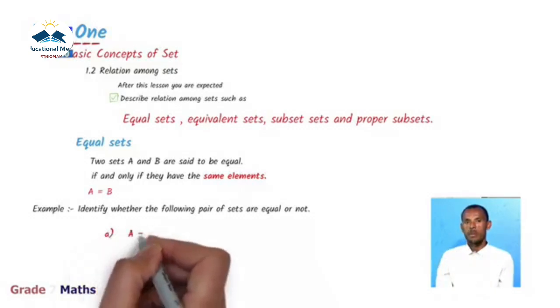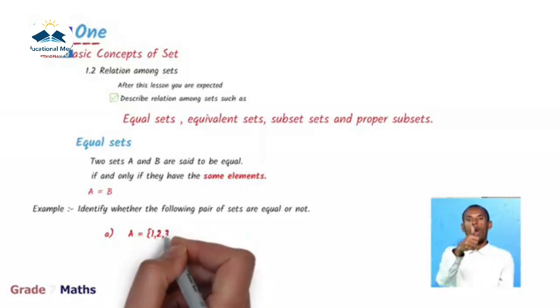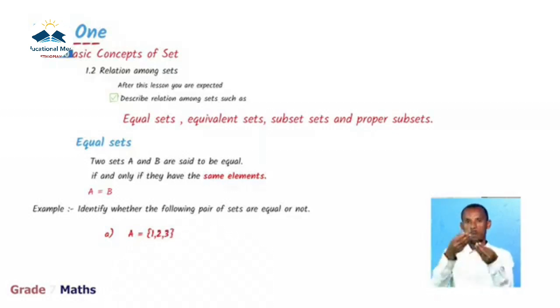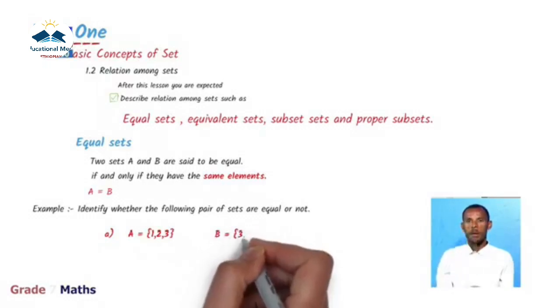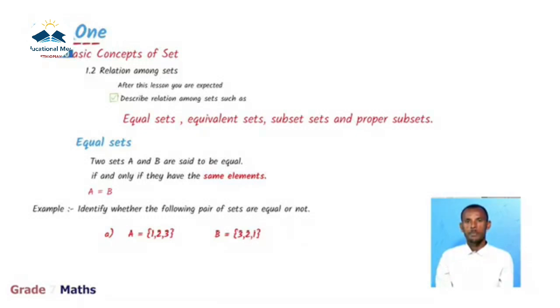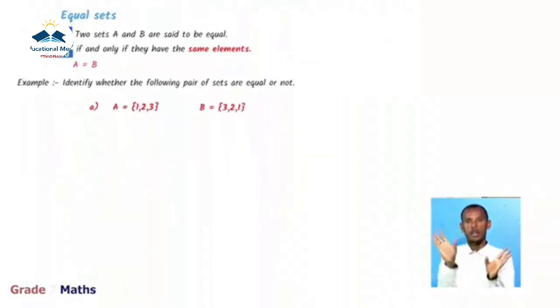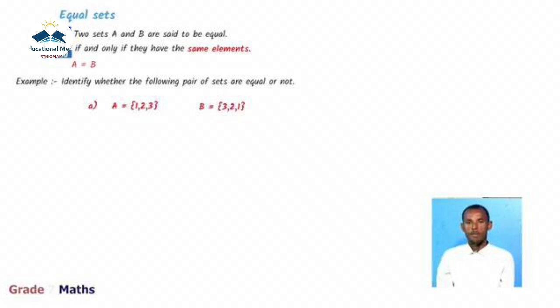The first one, set A is 1, 2, and 3. Let's take another set, B is 3, 2, 1. Are these two sets equal? Let's see it together.